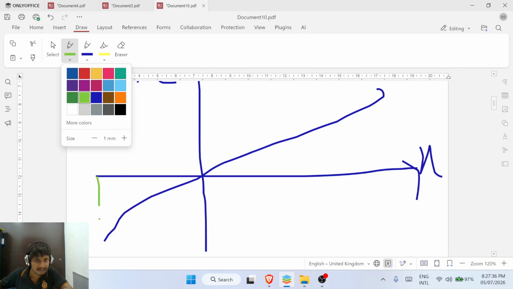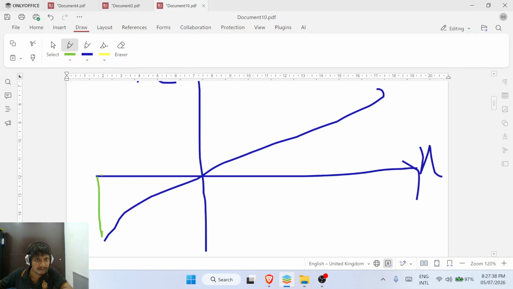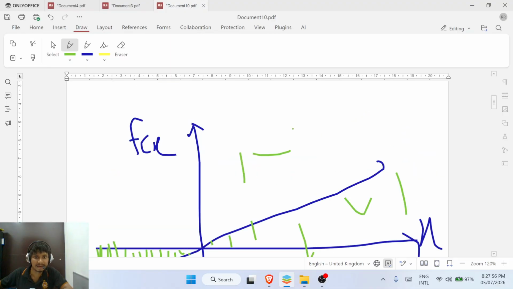Here every x has a different, unique value. Please see the distance between the x-axis and this graph. Every x has different values. Therefore, this is a one-to-one function.